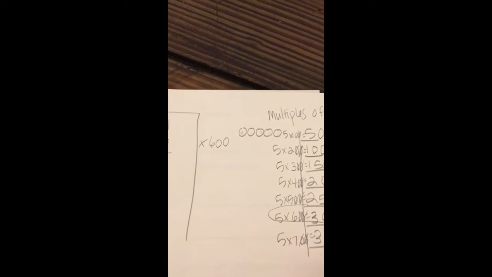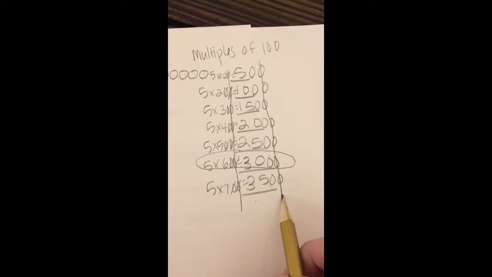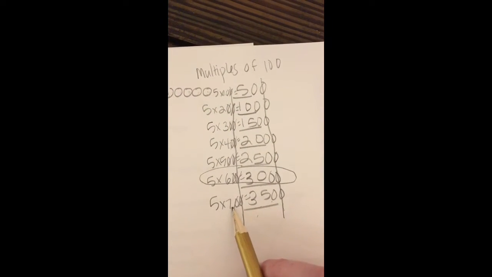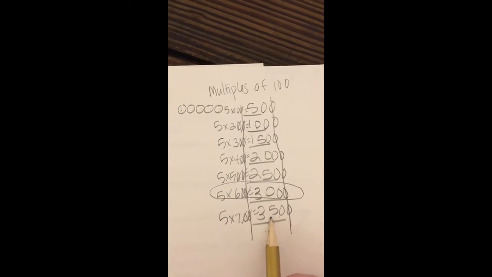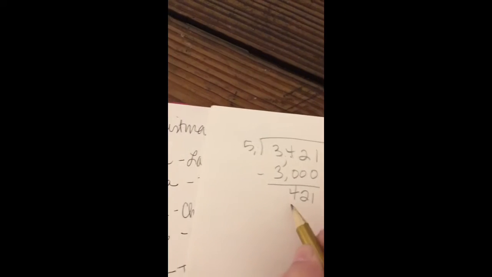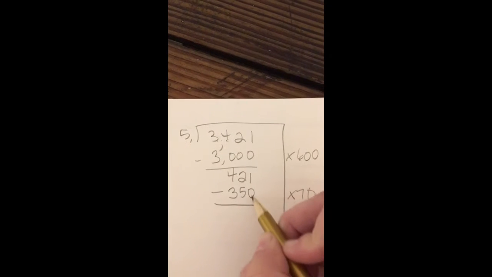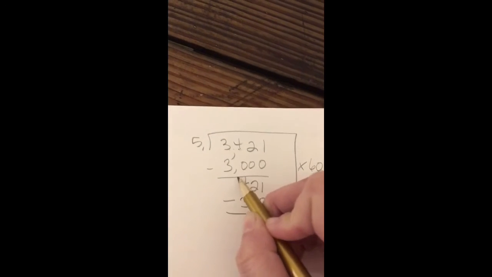So all you have to do is see how close you can get to 421. So if we come here, what we've already done, we see 5 times 70 would give us 350. So we can come here and say times 70, 350, and we could subtract. Here you have to regroup.